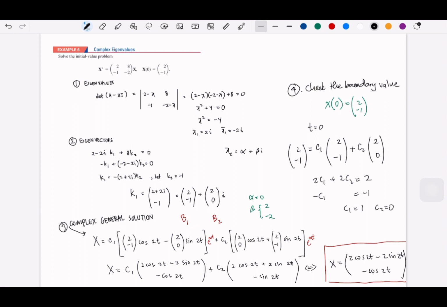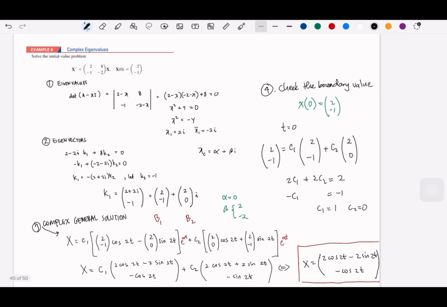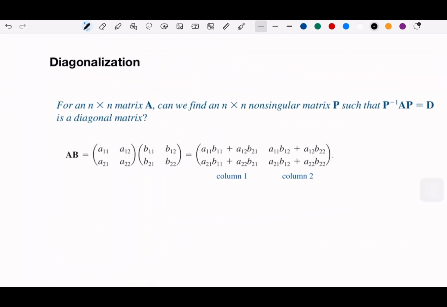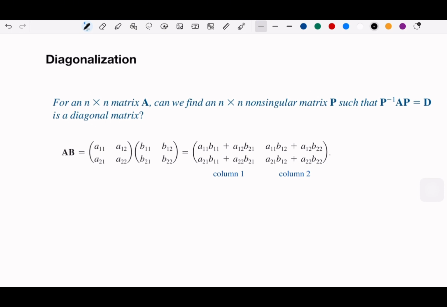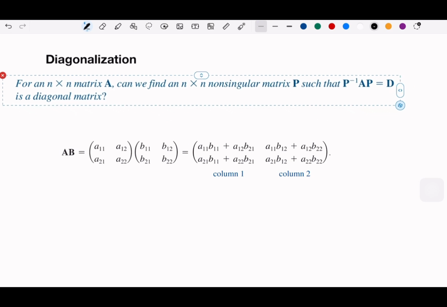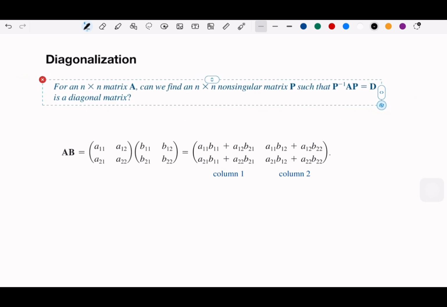Okay, so I will move away for a little bit just to get some small introductory of the diagonalizations in matrix. So let's move to the next page for a small amount of time. Hopefully, if not today, maybe by next week we can finish this. So what is diagonalization?